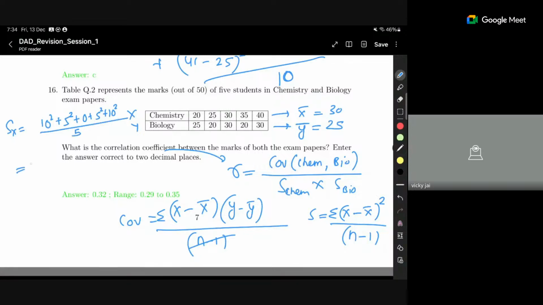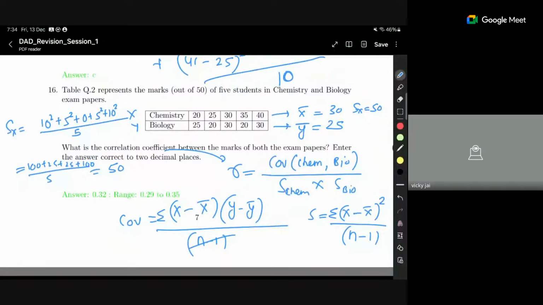This is 100 plus 25 plus 25 plus 100, and divide by 5, which is 250 by 5. So 250 by 5 is 50. That's what the standard deviation of x is, 50. I'm using a calculator, just in case.